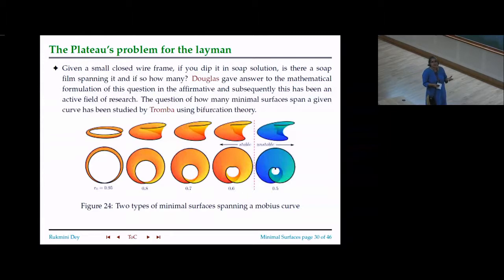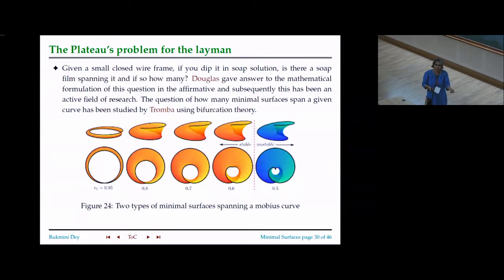And in general, the answer is, there could even be infinitely many minimal surfaces spanning a curve. Douglas, who got the first Fields Medal, gave the answer that if you have a wireframe, if you dip it in soap solution, you will always get a minimal surface. Existence is what is known as Plateau's problem. Okay. But Tromba, using bifurcation theory, actually gave answers to how many.